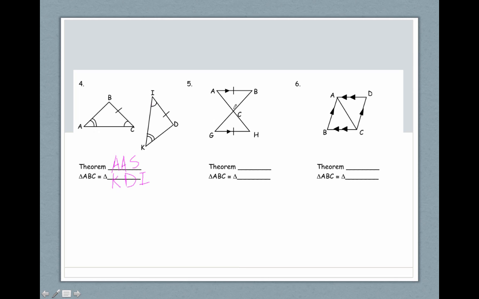This one, very little is marked, but we do know these are the same. So the question is, do we know anything else? We know these two are the same. We know these two angles are the same.